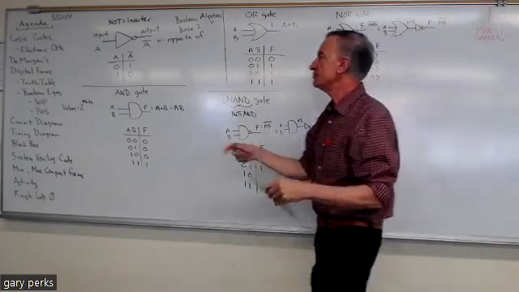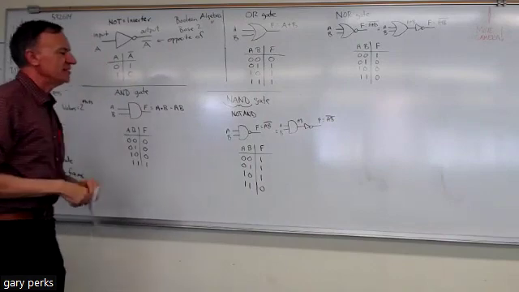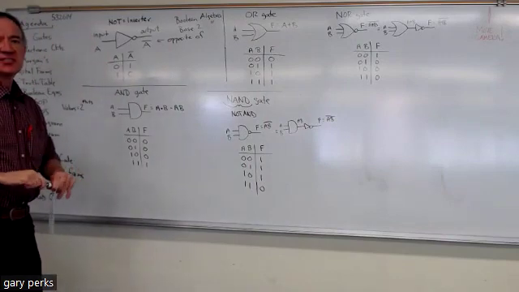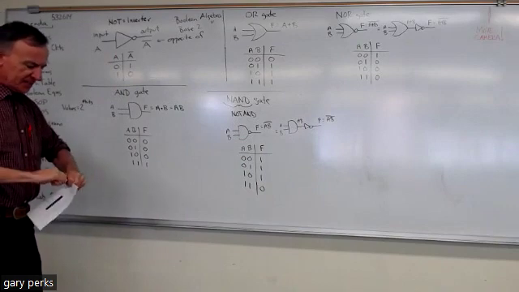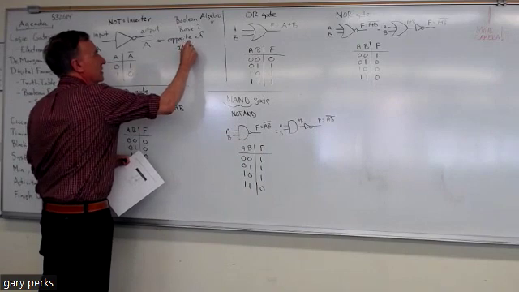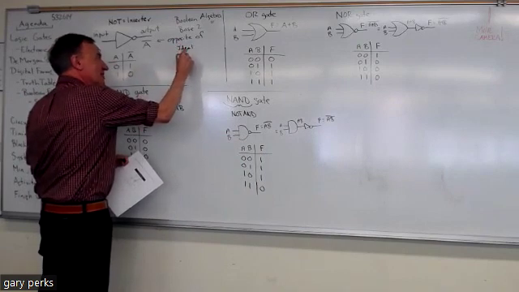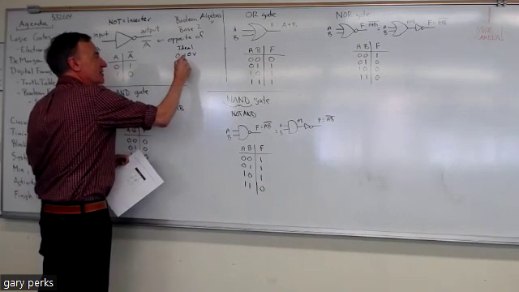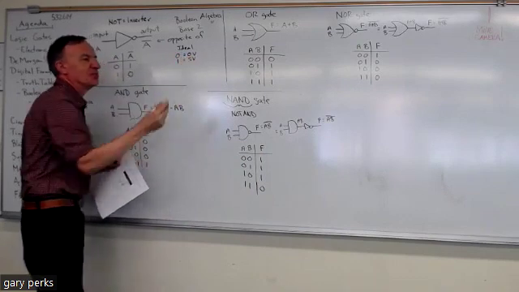Okay? Also, the zeros and ones that we're using in the truth tables, those are shorthand for voltages. Ideally, a 0 is exactly 0 volts most often. Ideally, a 1 is 5 volts most often.